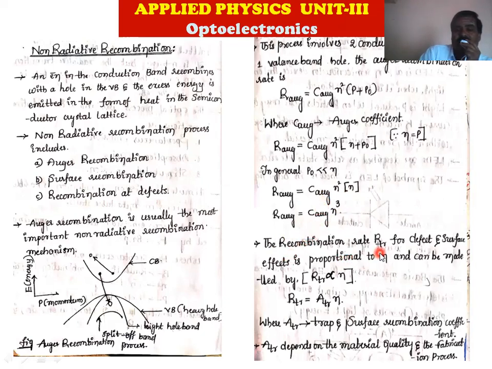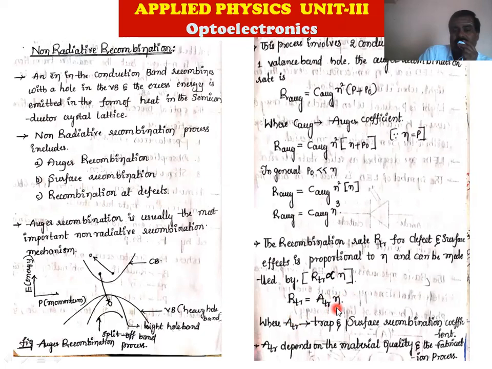The recombination rate R_tr for trap and surface effects is directly proportional to n.